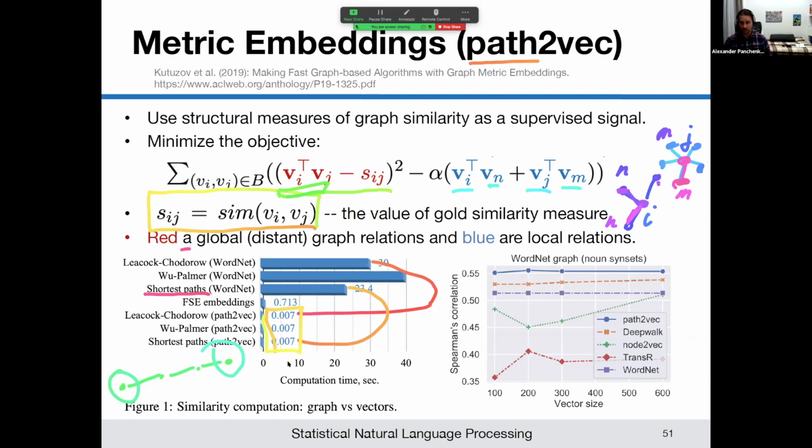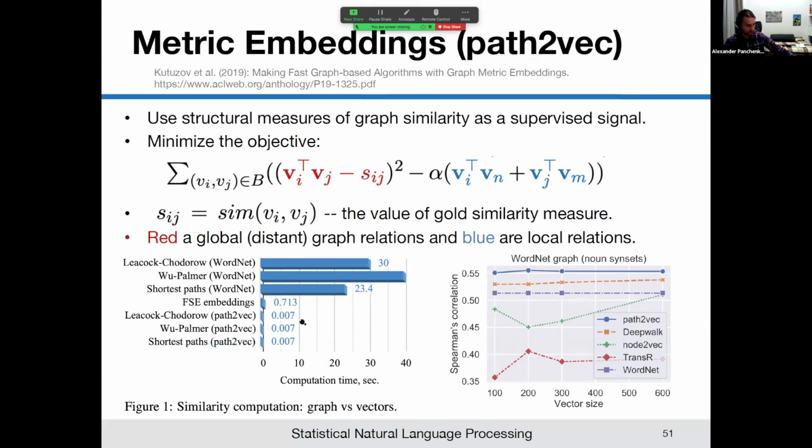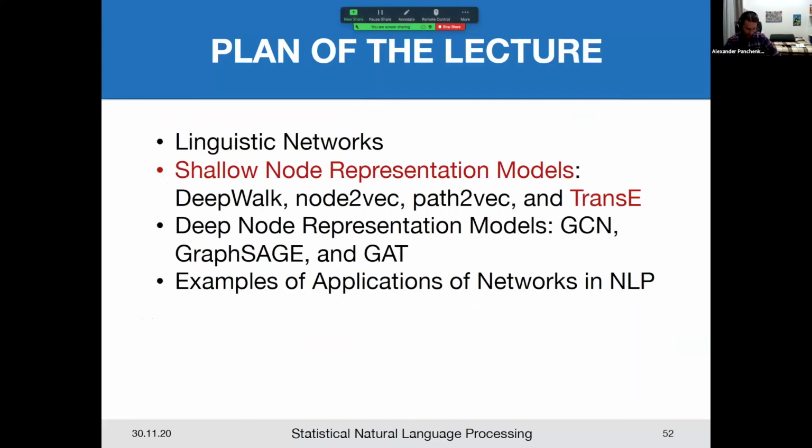So this way you can approximate some nice graph-based metrics, and this metric also shows very good correlation with original judgments. So this is another reason you might want to use node embeddings. All right. Do you have any questions about this?